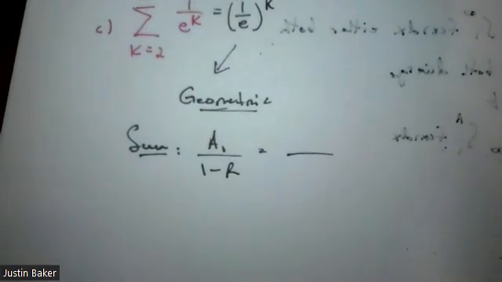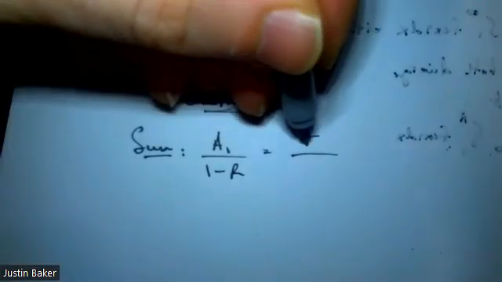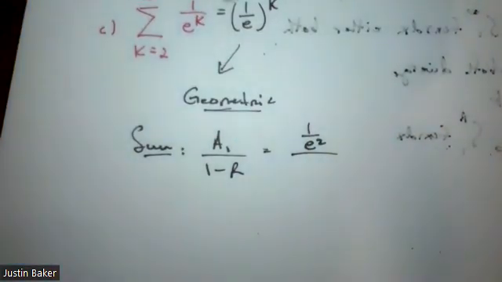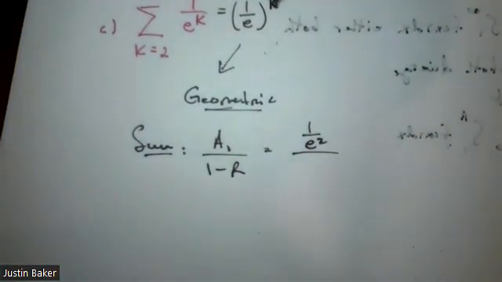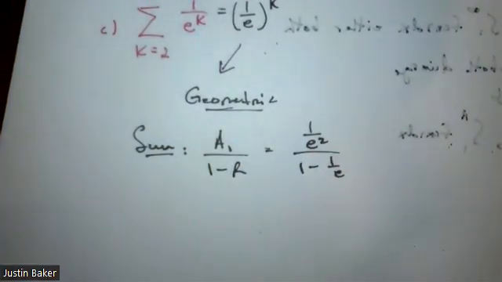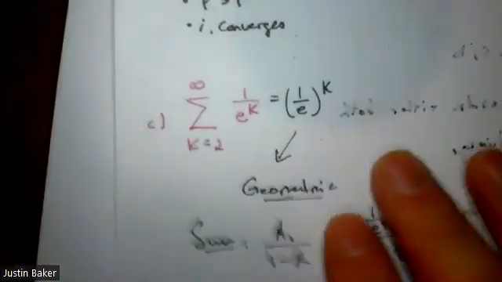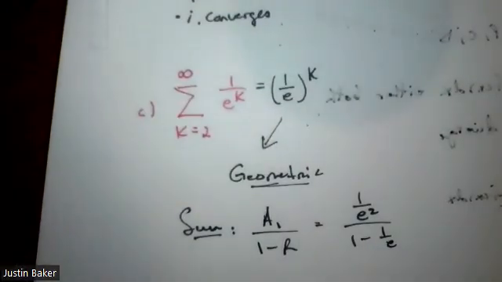That would be 1 over, because this would really be 1 to the K over E to the K, over 1 minus the ratio. And then you'd have to go from there and simplify. But that's the end of P series there. Does that make sense, guys? Because we're going to use that in a bit on this next lesson that we have coming up. Cool. All right.